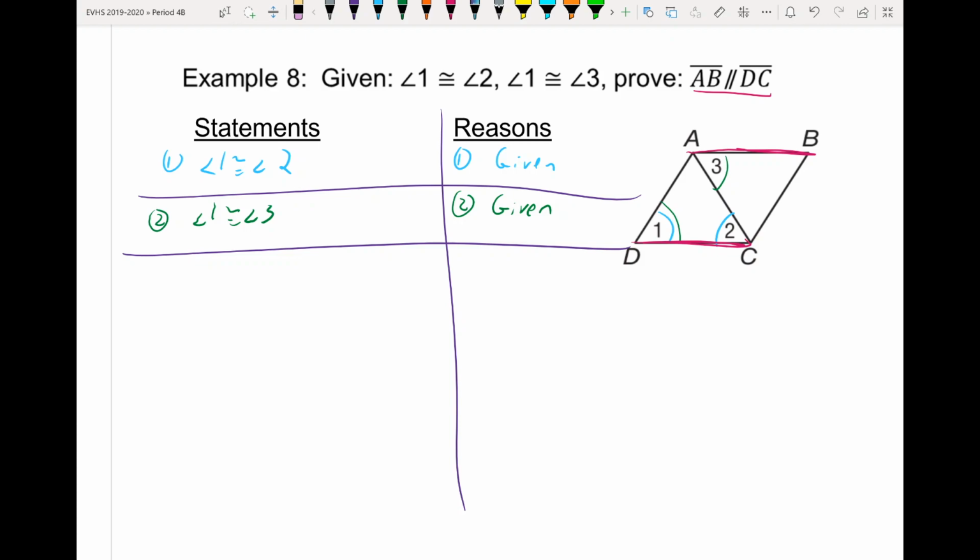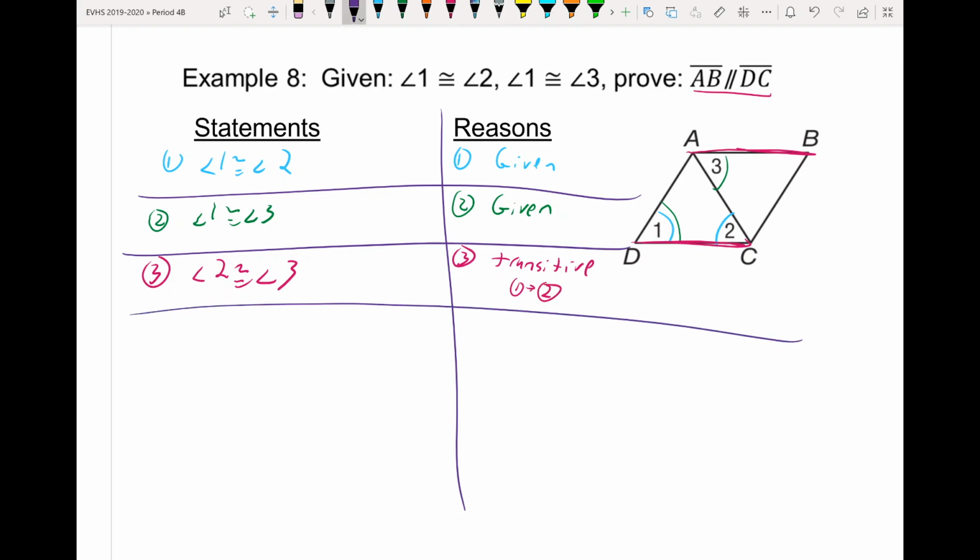All right, what do you got, Daniel? AB is parallel to DC because 2 is congruent to 3 because of the transitive property. Okay, so we need to go to the transitive property first. So angle 2 is congruent to angle 3 by transitive, and that is using 1 and 2.